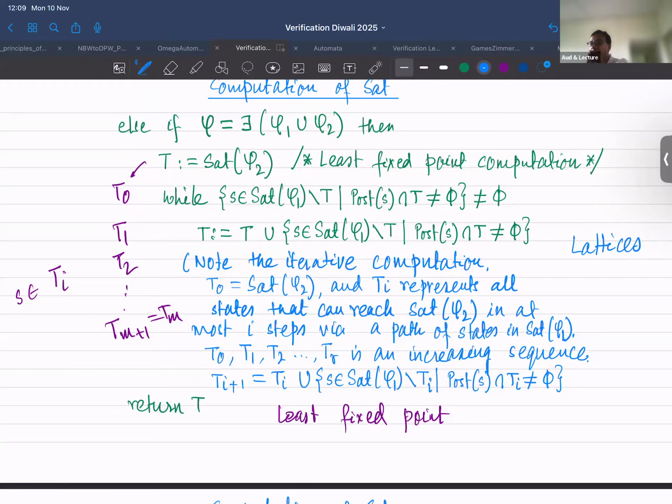If you read about lattices, then it becomes much easier to understand these things.